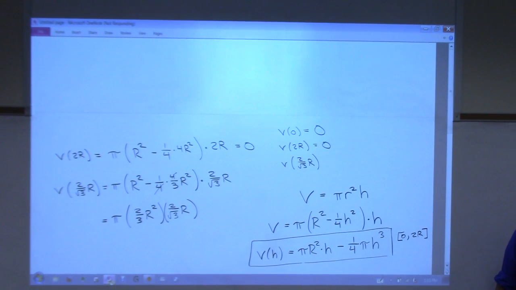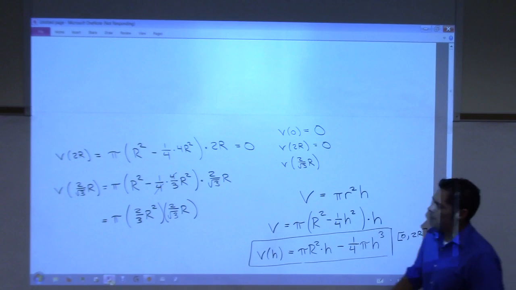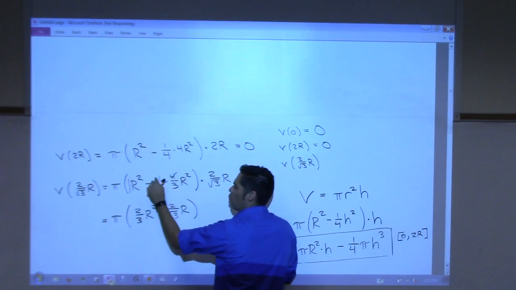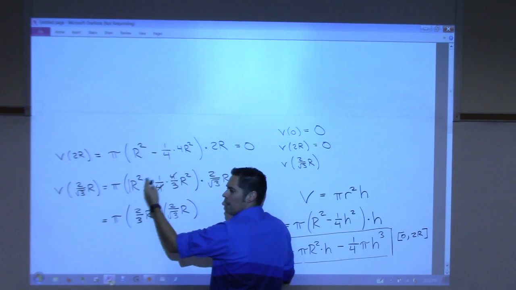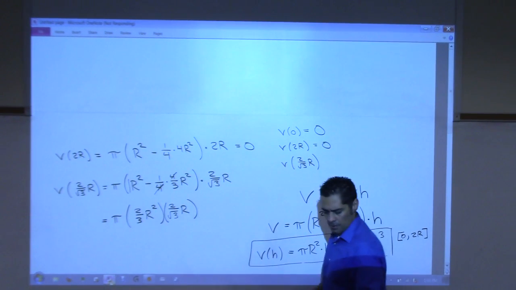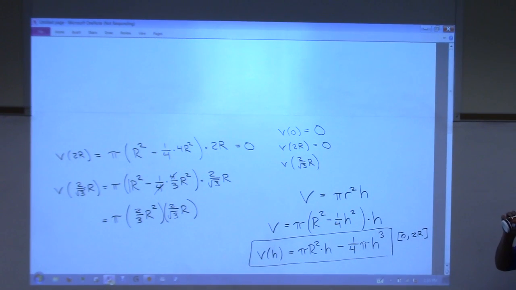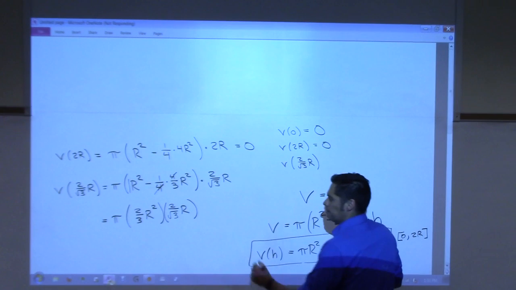Y'all okay? Why is that 2/3? This is 1 capital R squared. These 4's cancel. That's 1/3 capital R squared. So 1 minus 1/3 is 2/3.